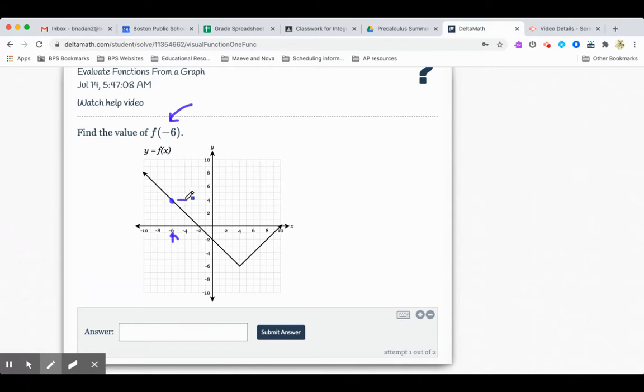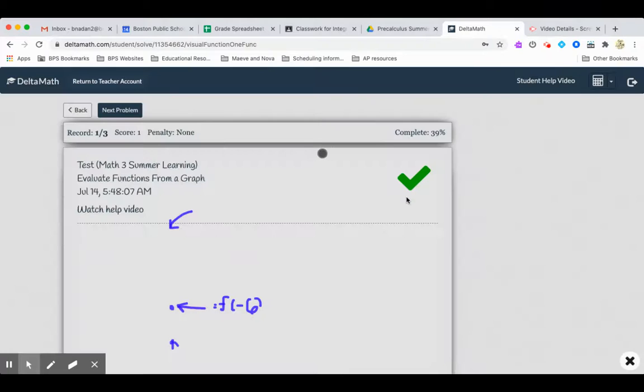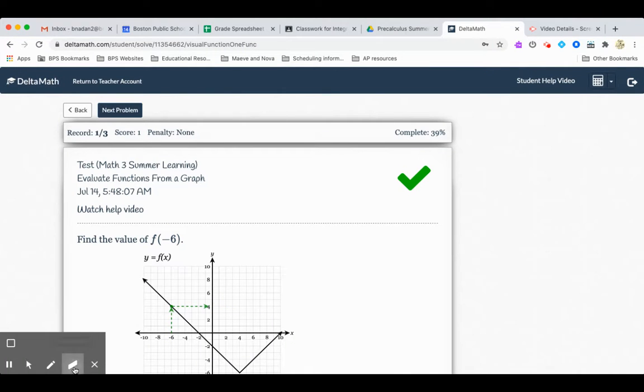So this is f of -6, and that y value is just 4. So let's type in 4.